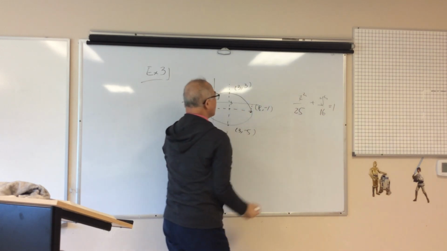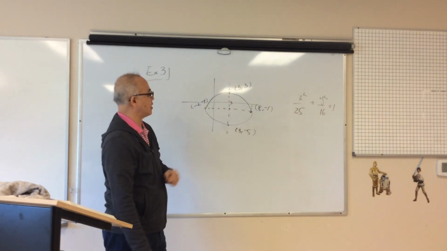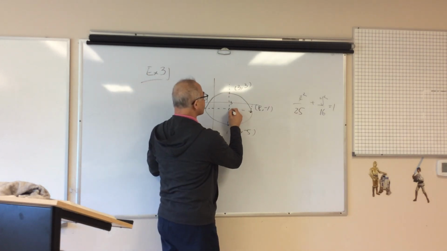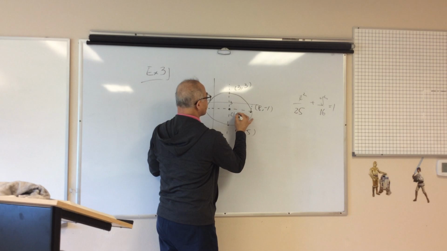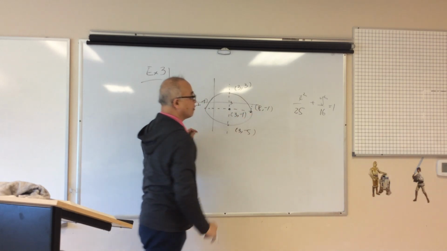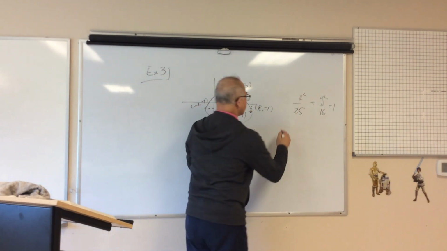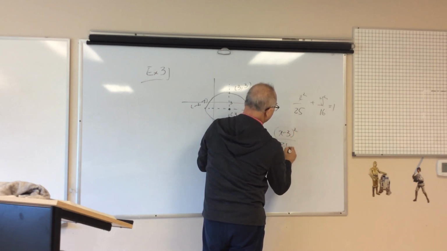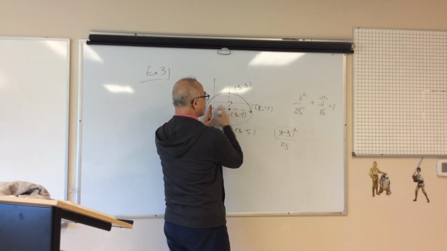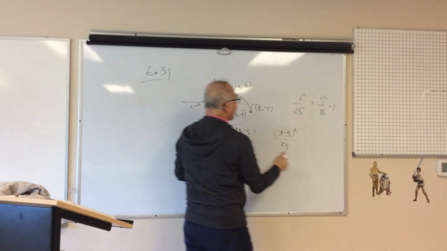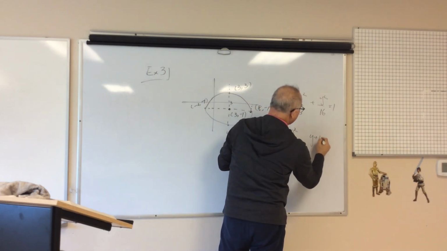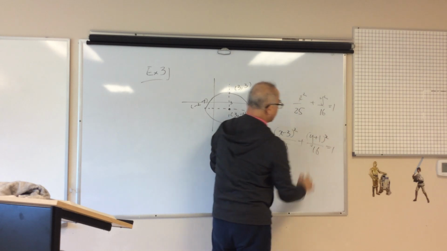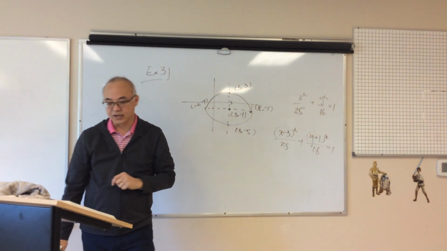So this would be if my center was in the origin. Now my center is not in the origin. My center is here. So I have to make that translation here. So I'm going to get x minus 3 squared over 25 because I moved it 3 to the right, and then 1 down. So 1 down would look like that. So that there would be my answer.